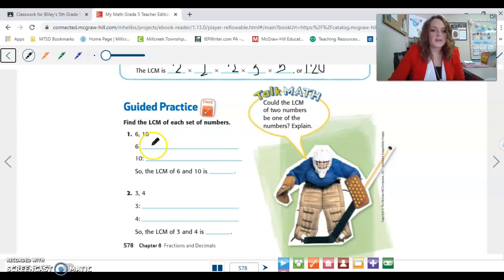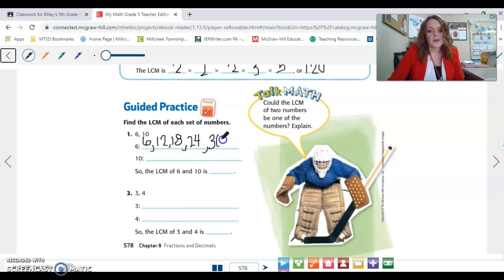We have 6 and 10. So remember, multiples, we are multiplying until we get the least common multiple or a number that is the same. So I'm going to do 6, 12, and I have 10. So I know I need to find a number with a 0 before I can stop. So I have 6, 12, 18, 24, 30.